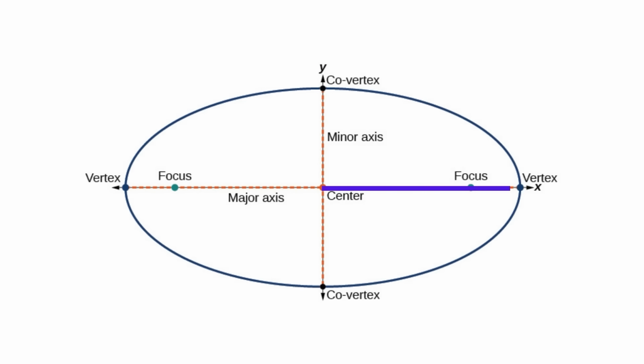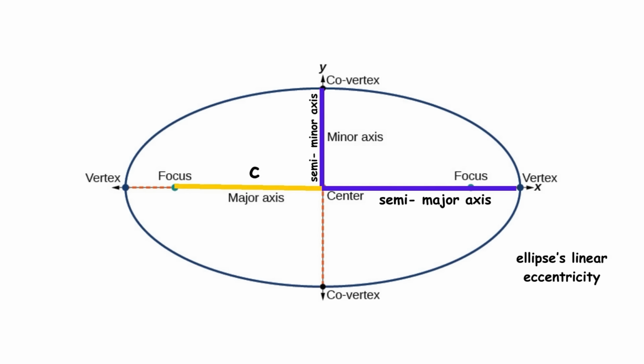A line segment from the center to a vertex is called a semi-major axis, and one from the center to a covertex is called a semi-minor axis. The distance c from the center to a focus is called the ellipse's linear eccentricity, and the value e equals c over a is its eccentricity.